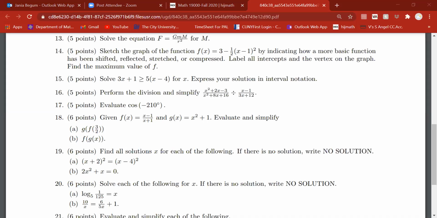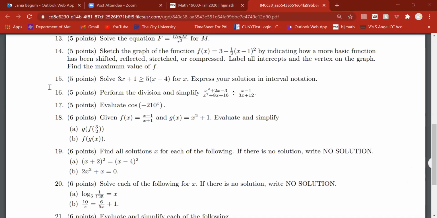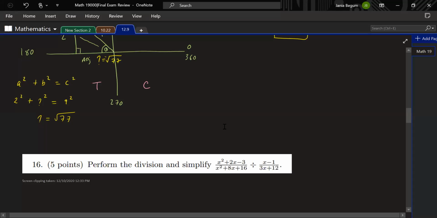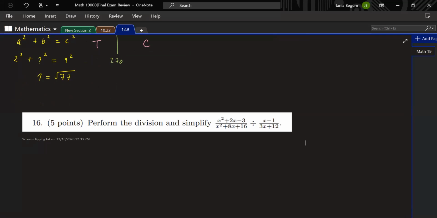Number 16. That's also something we did a while ago, right? It's been a while since we did any factoring. Okay. So for this question, we want to perform the division and simplify. So like Richie said, you'll do the keep, change, and flip. And then you can factor out everything, and then we'll cross out like factors from top and bottom.